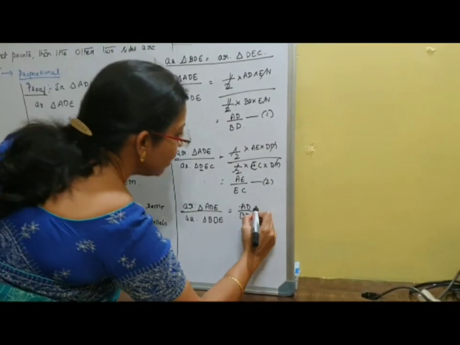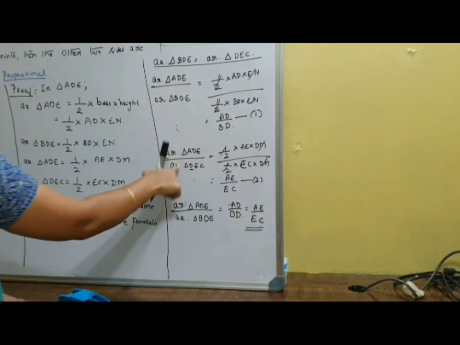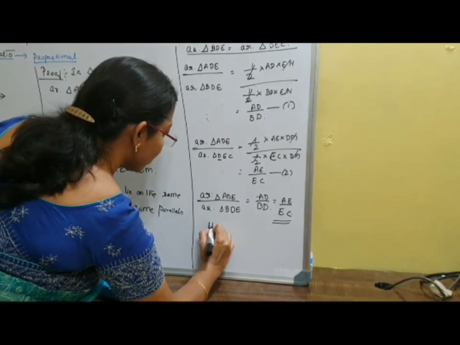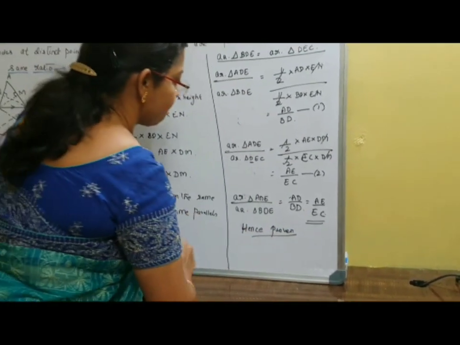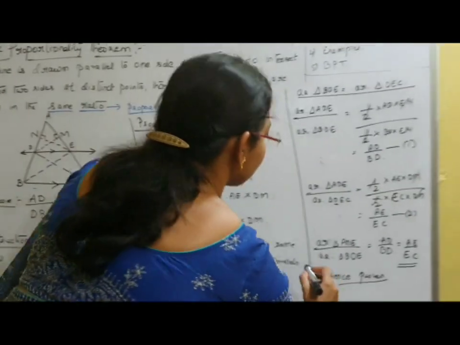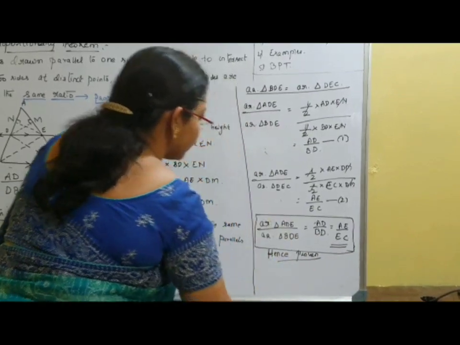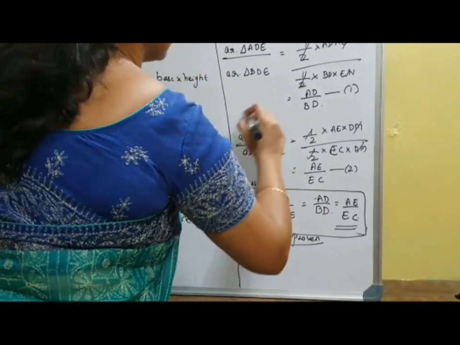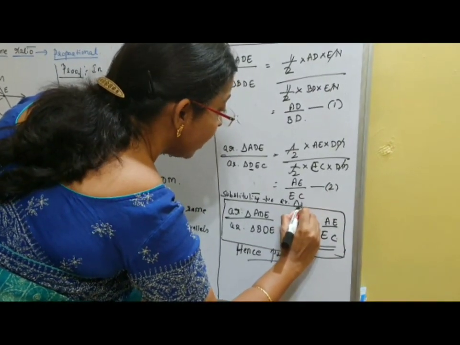AD by BD will be equal to AE by EC, because the LHS becomes equal, the RHS also is equal.